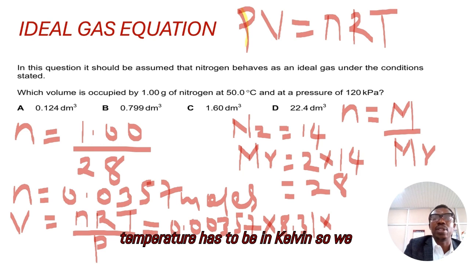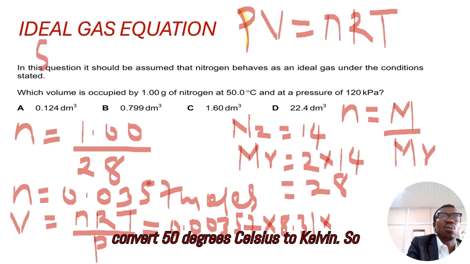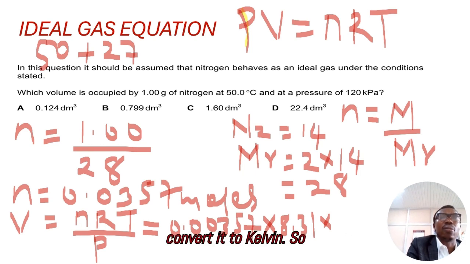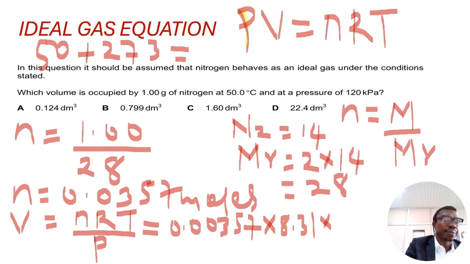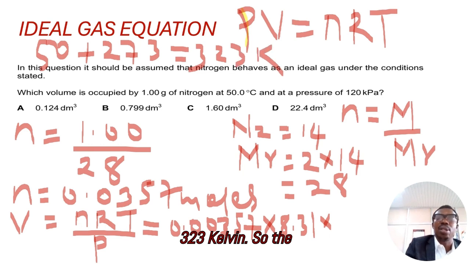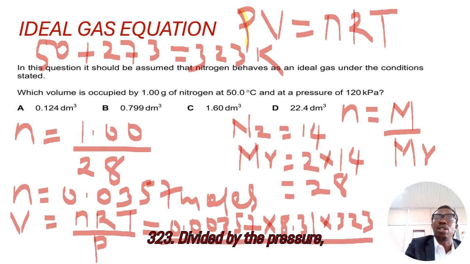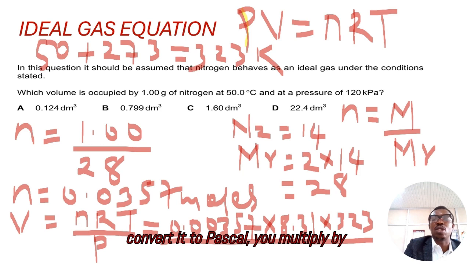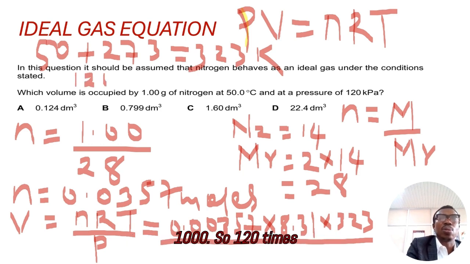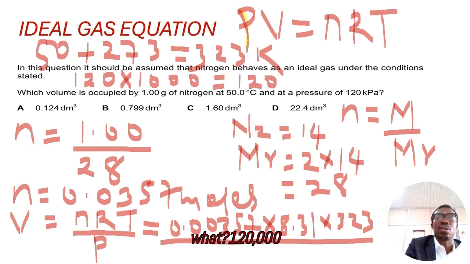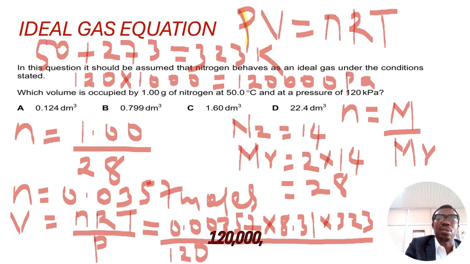The temperature has to be in Kelvin, so we convert 50 degrees Celsius to Kelvin: 50 plus 273 is 323 Kelvin. Divided by the pressure. Pressure is 120 kilopascal, so we convert it to pascal by multiplying by 1000. 120 times 1000 is 120,000 pascal.